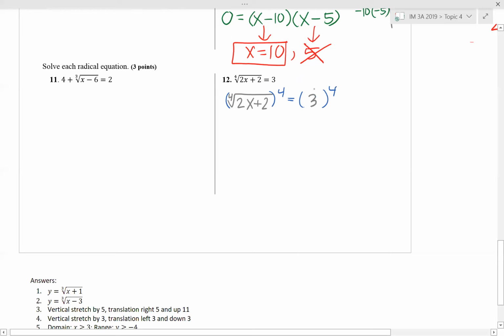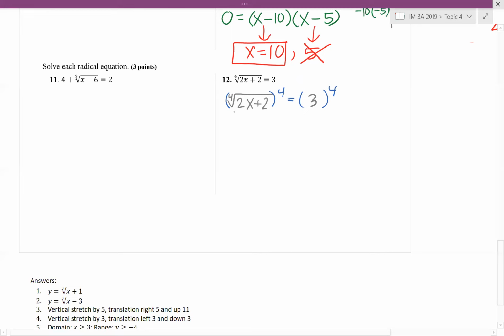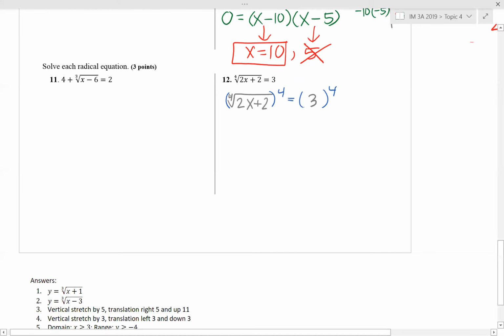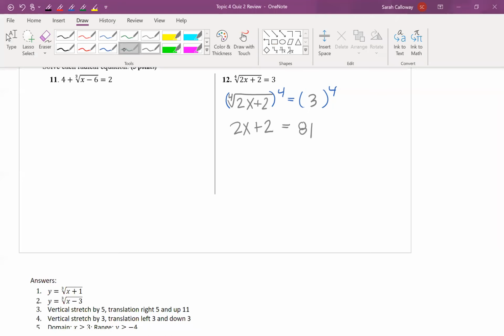I'm raising both sides to the fourth power. When I do that on the left side, it eliminates my radical and the index. So all that's left is 2x plus 2, the radicand inside, and that's equal to 3 to the fourth power. 3 to the fourth power is 81. So we have 2x plus 2 equals 81, which means we're going to have to subtract 2 from both sides.